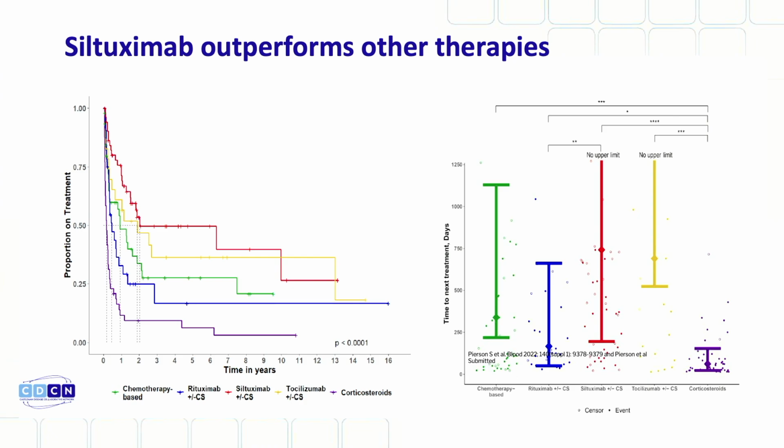So that's years without relapse. Versus the lowest would be corticosteroids. So one way to read that is that within 1 year, 3/4 of people treated with steroids are going to relapse or have progression of disease, whereas within 1 year, less than 1/4 of patients on siltuximab will have relapse. So it's just pointing out the fact that siltuximab has the best performance in terms of responding and also duration of response. Next slide.